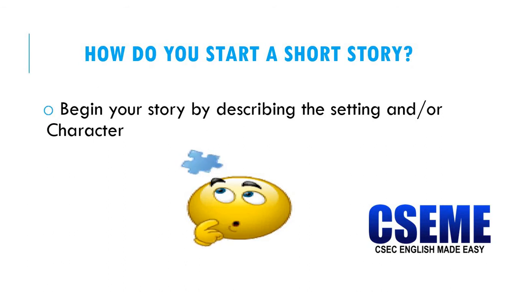We need to ensure that the reader has an idea of where the story takes place and what the character or characters look like. By doing so, the reader is able to create a picture in his or her mind.